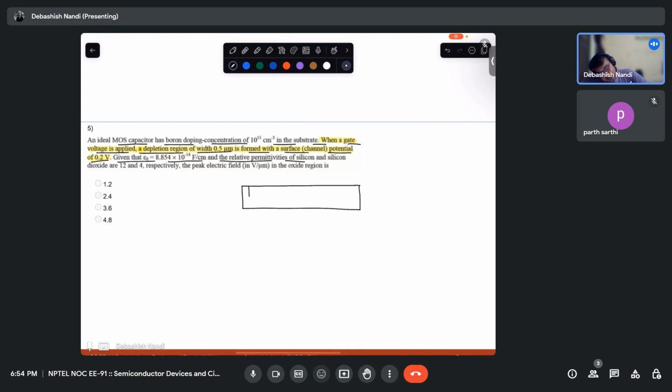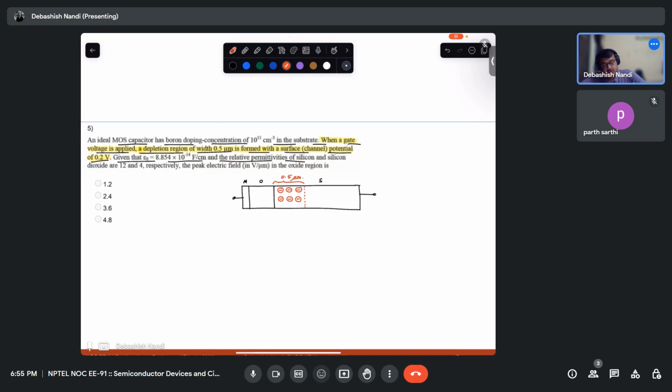So now let's take this MOSCAP, and it is mentioned that upon some potential given, some depletion layer has been formed, and this width is 0.5 micrometer.